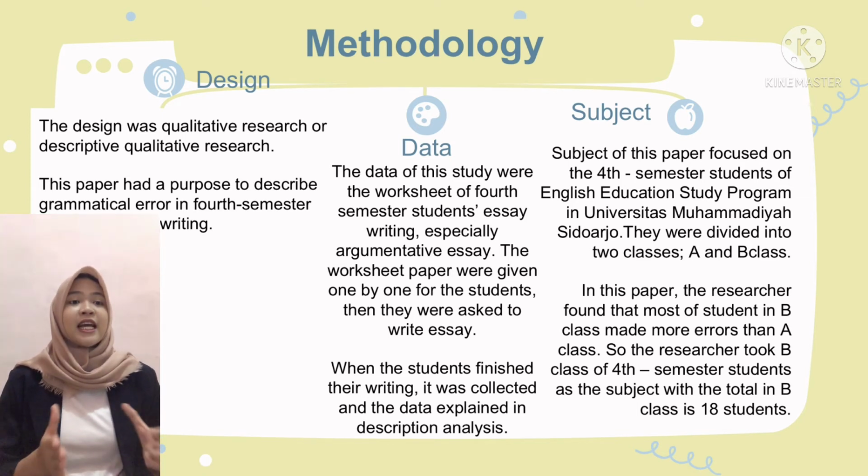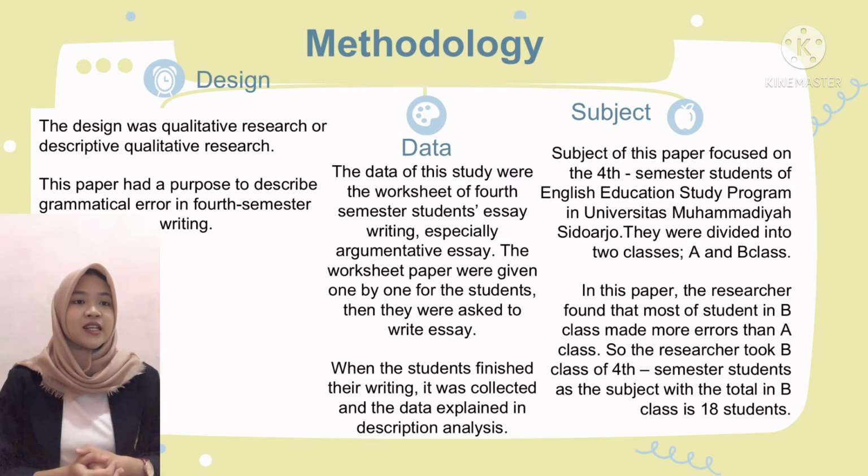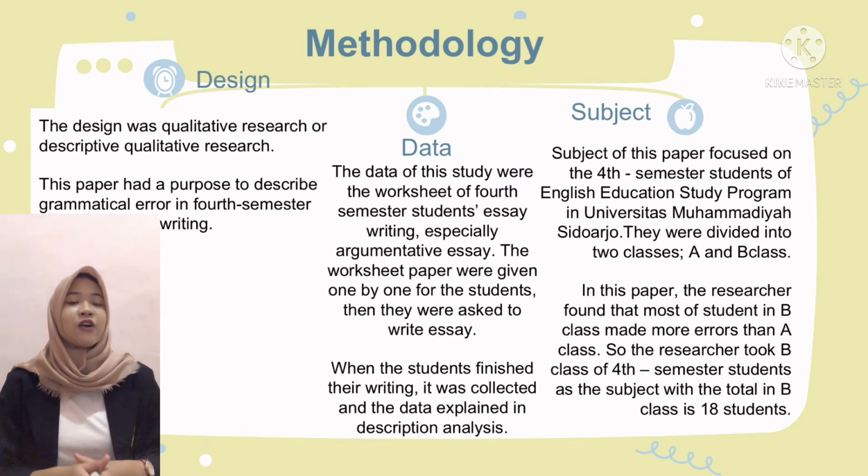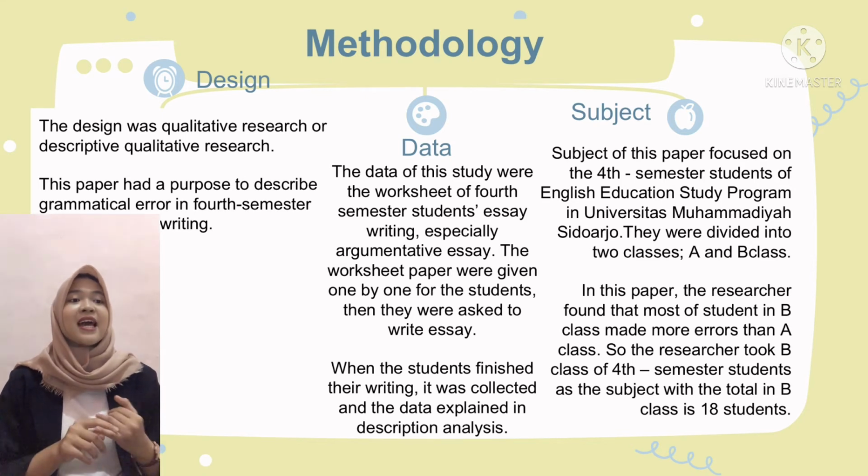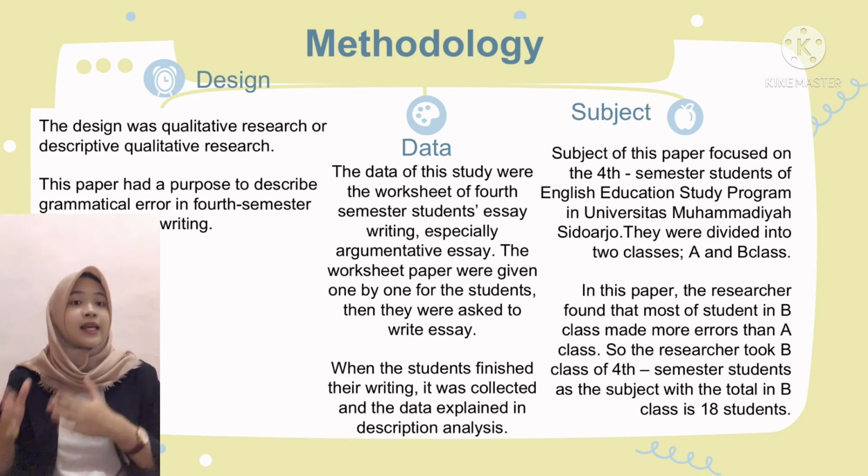And the subject focused on the 4th semester students of the English Education Study Program in Universitas Muhammadiyah Sidoarjo. They were divided into 2 classes, A class and B class. But the researcher found that most of the students in B class made more errors than A class.